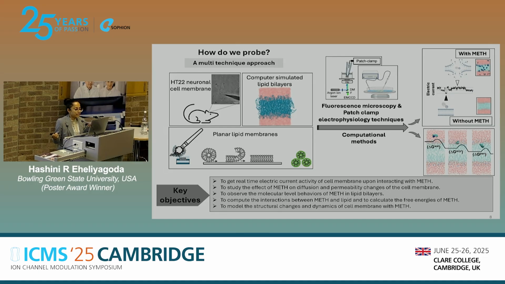By combining fluorescence microscopy techniques and patch clamp, we can continue this study. What we are trying to do here is measure the real-time electric current activity and the permeability changes, so we can know how they diffuse.